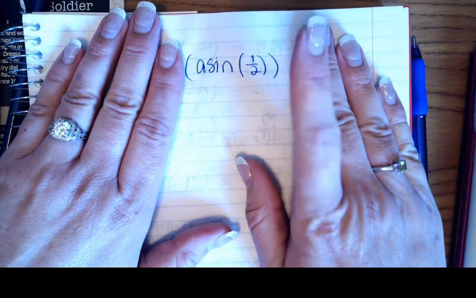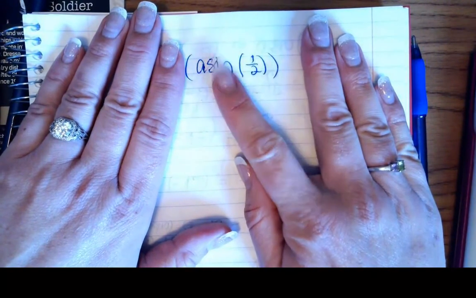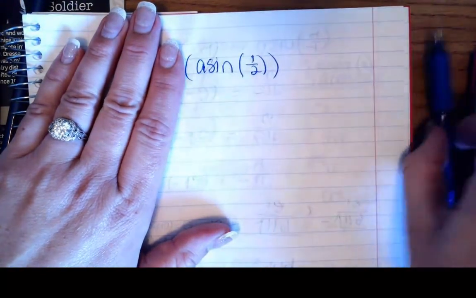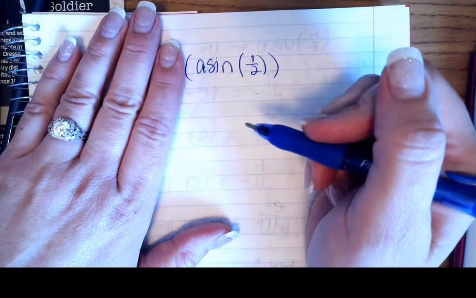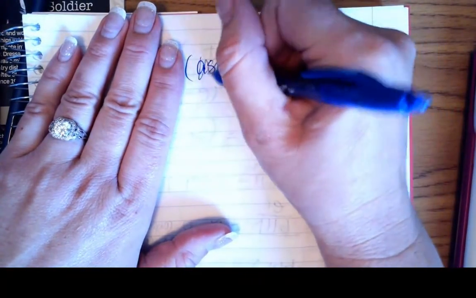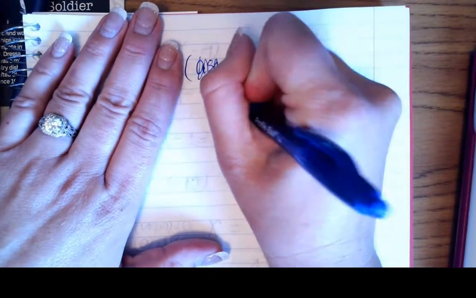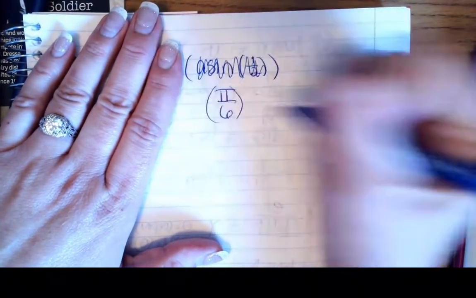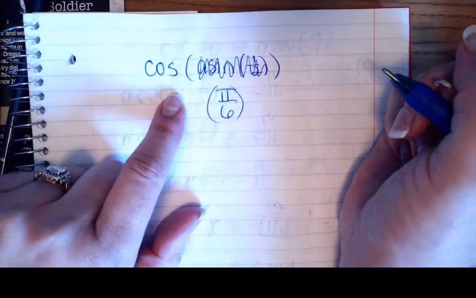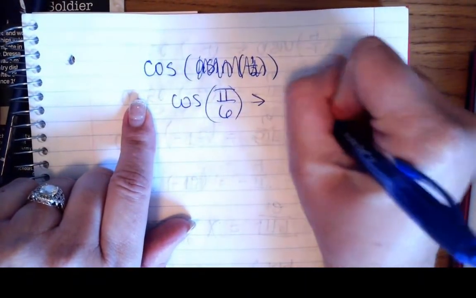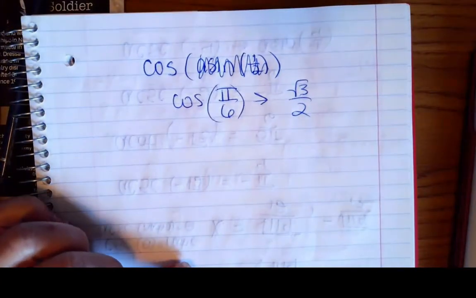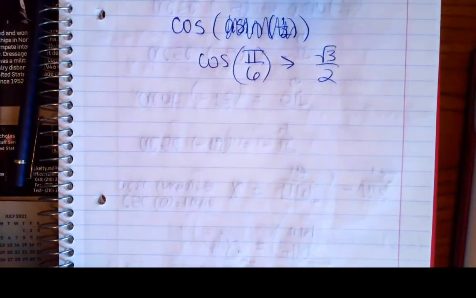This is positive, so I'm in quadrant 1. Where does sine have a ratio of 1/2 in quadrant 1? That's going to be at pi over 6. So this entire thing, you're answering it. You're saying that happens at pi over 6. Now address the outside. What's the cosine of pi over 6? It is √3/2.